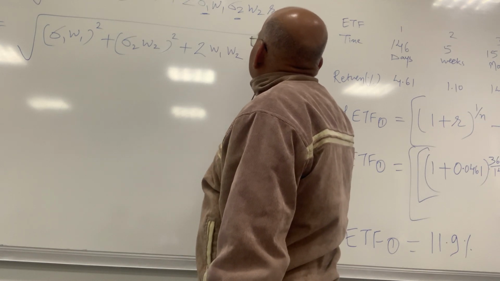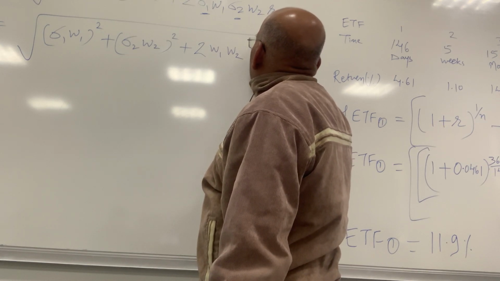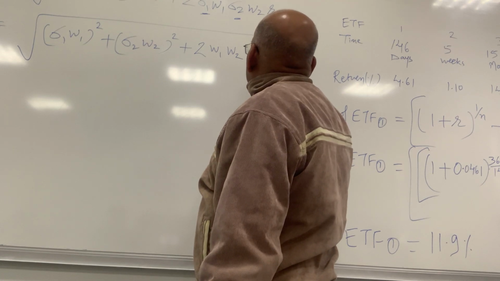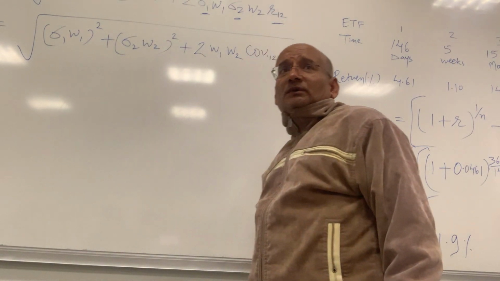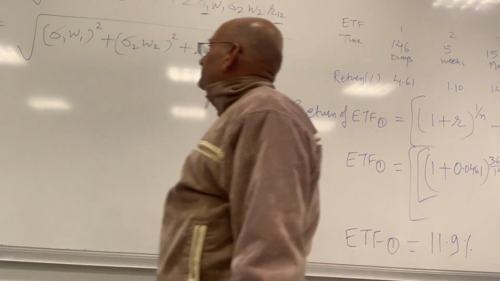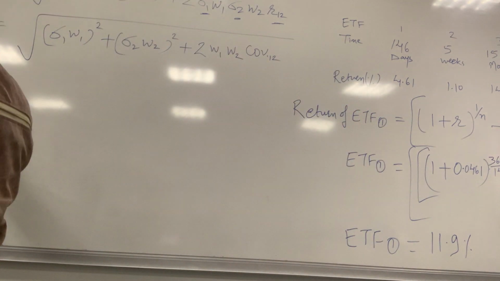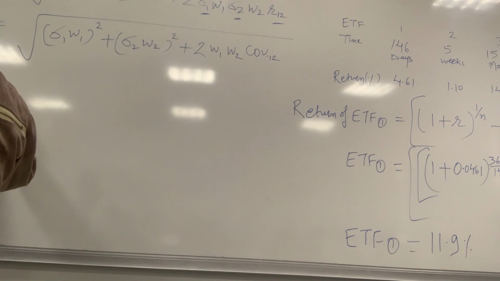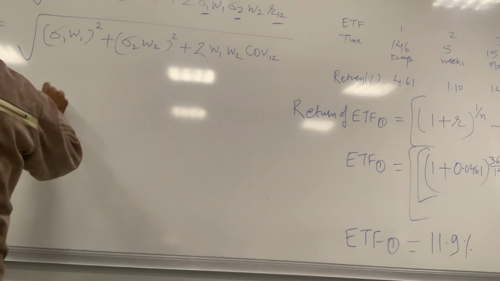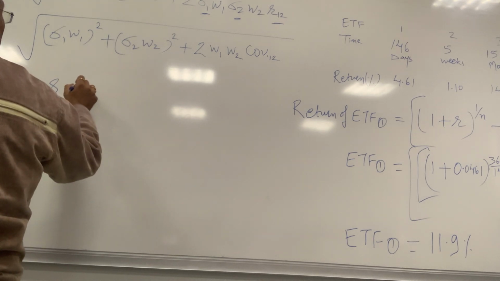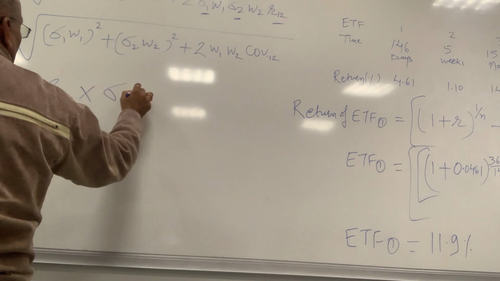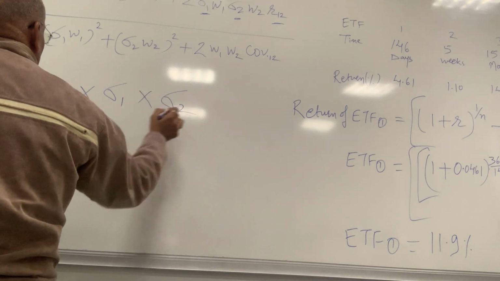In place of these 3 things I am writing only covariance between 1 and 2, because the formula of covariance itself is saying that correlation multiplied by sigma 1 multiplied by sigma 2.